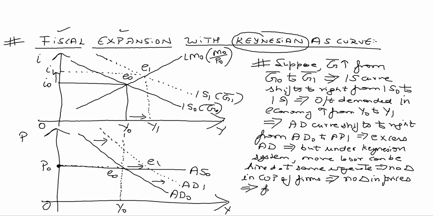Therefore, firms will increase its supply so that the economy moves from point E0 to point E1.